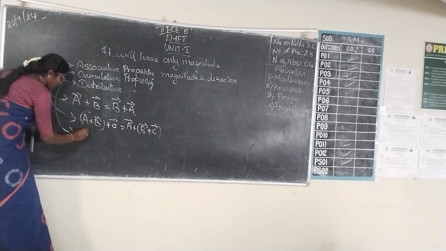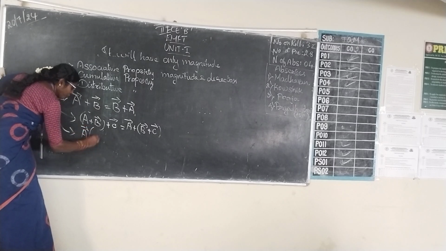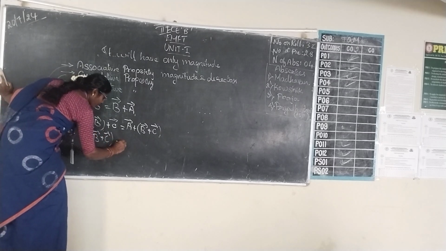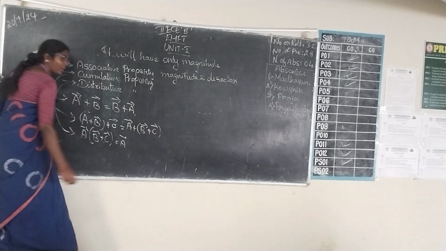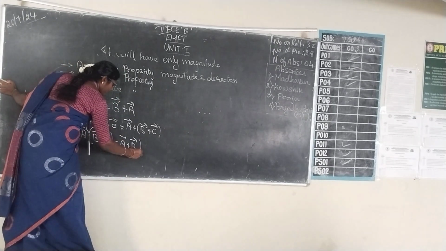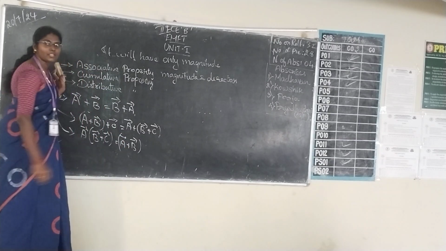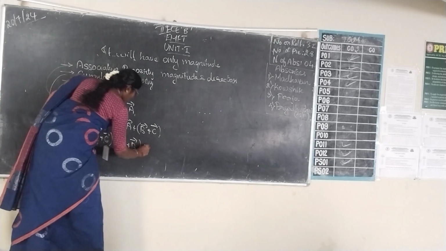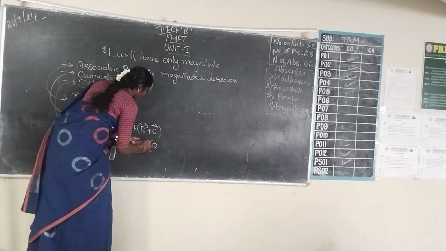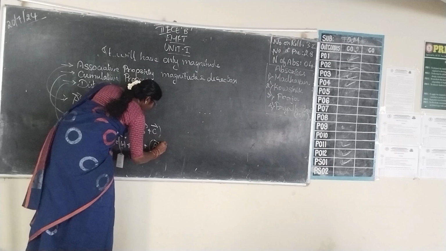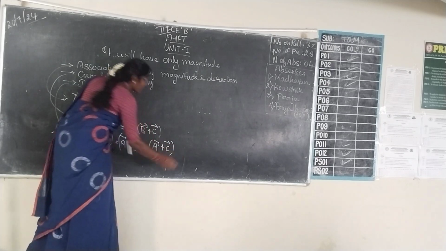What is the distributive property? A vector dot B vector plus C vector is equal to A vector dot B vector plus A vector dot C vector.